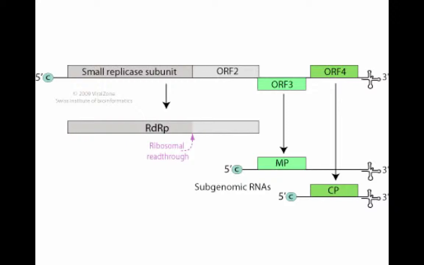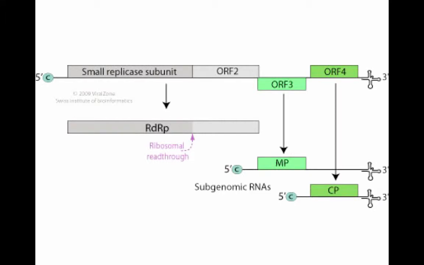And so the host cell ribosome takes the mRNA, which is the virus, and translates it into an RNA-dependent RNA polymerase. So the first three parts of this open reading frame here, plus this little open reading frame 2, the virus gets 3 proteins out of that, which compose an RNA-dependent RNA polymerase.